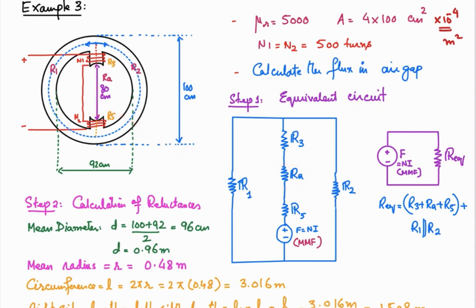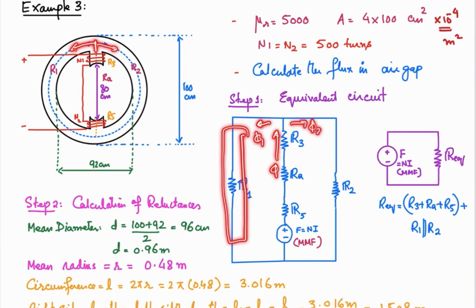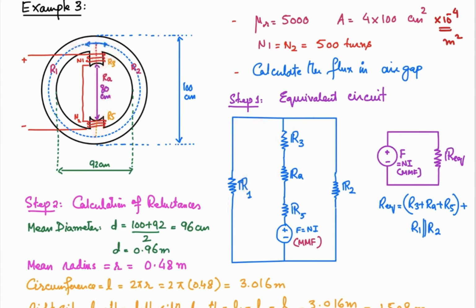So we basically have two parallel paths, because the flux is divided into two paths from this point. The flux coming from here will be divided, let's suppose one is phi 1, and the flux in this direction, let's suppose that is phi 2. In this path we have three reluctances: reluctance of this path, reluctance of the air, and reluctance of that one, and all of them are in series. So those are shown over here in series.